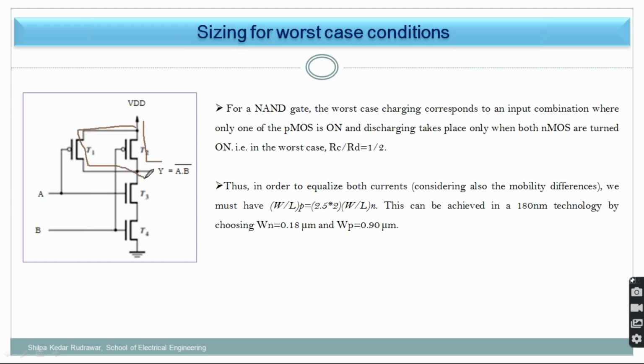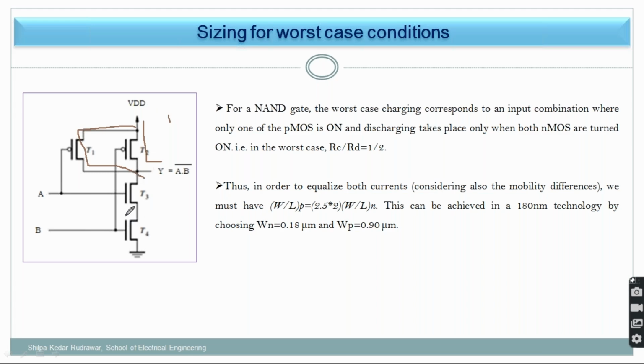So I have 2 paths. Either this or this, my current will flow, and I will have a path for charging the capacitor. So worst case condition means I want only one transistor to be on. So here I require only one transistor to be on for charging the capacitor, connecting VDD to the output.